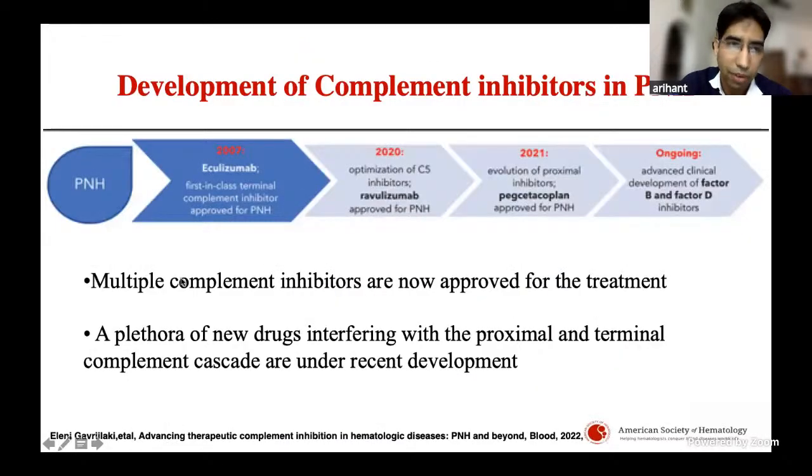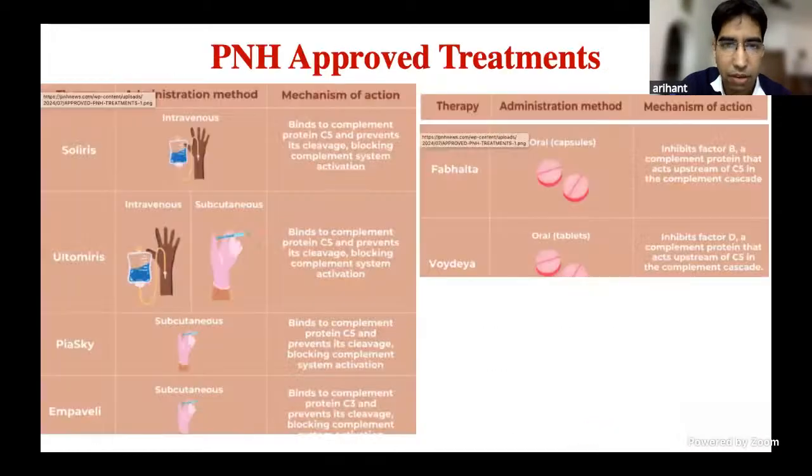So the world has actually moved far away. Eculizumab was brought to clinical use as early as 2007, and currently we have a plethora of complement targeting drugs. I am sure we would talk about this a lot in a few minutes.